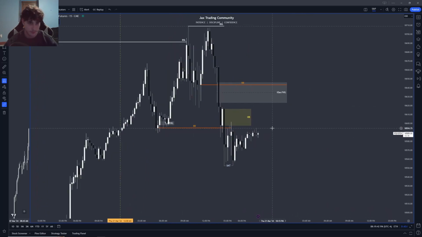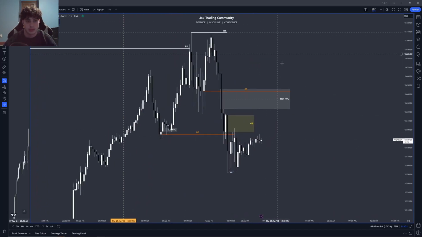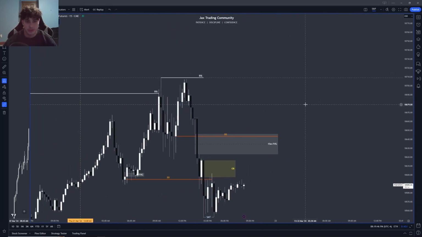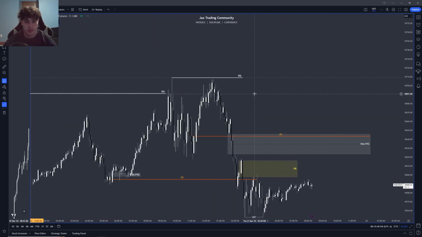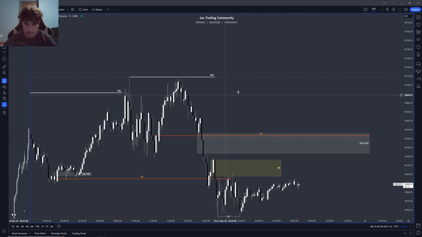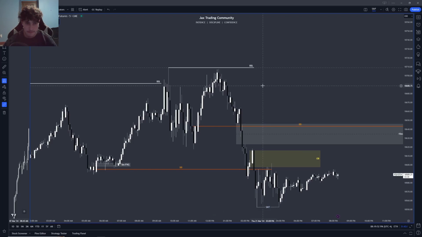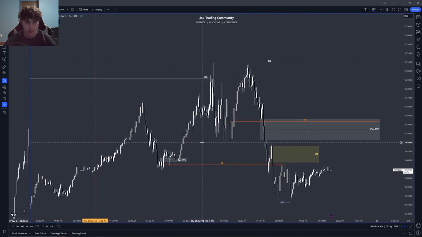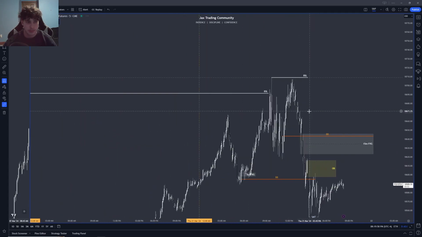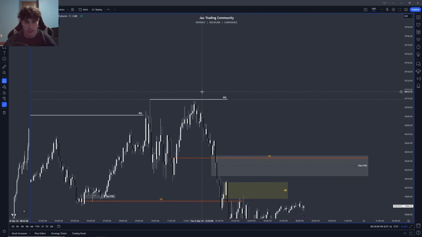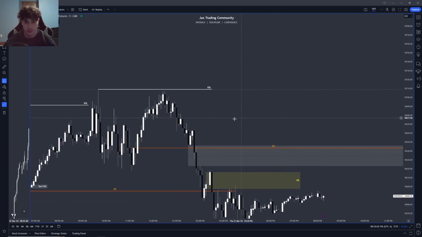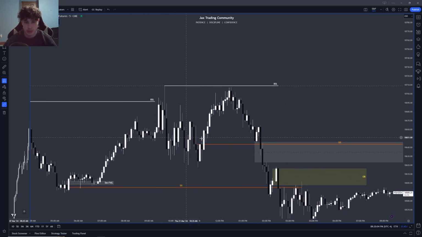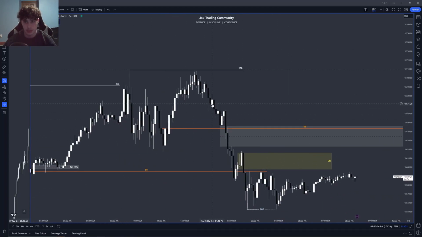And then let me think about this for a second. I don't really know what I was going to do here, but if this high was taken, I would mark standard deviation, but it wasn't. There's no real standard deviation to mark up here. I mean, this could be one.